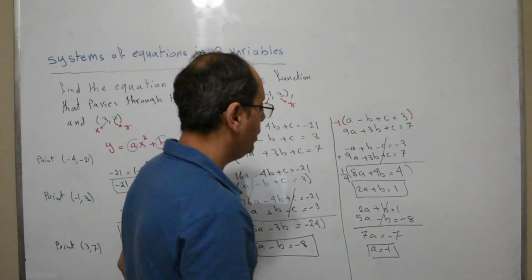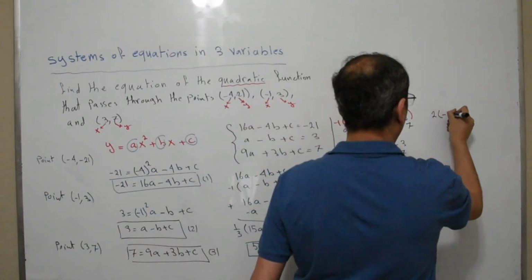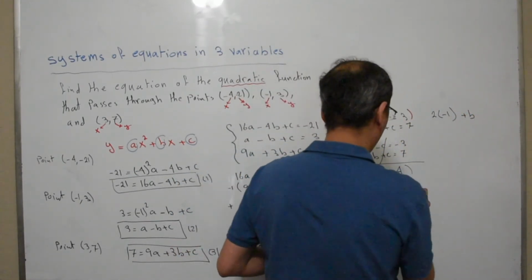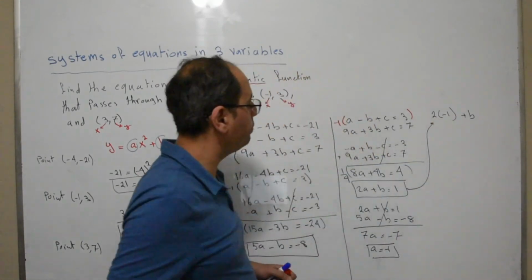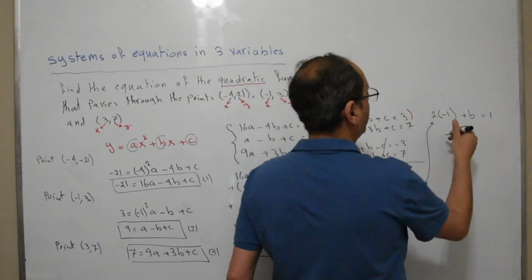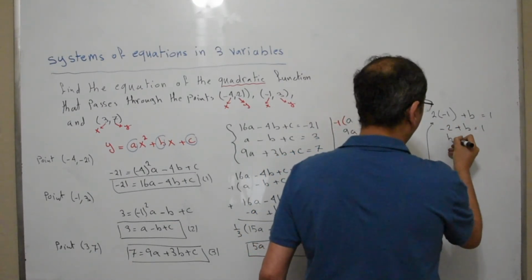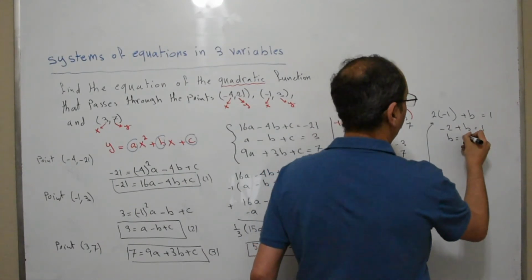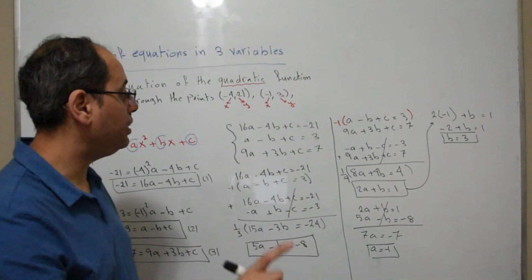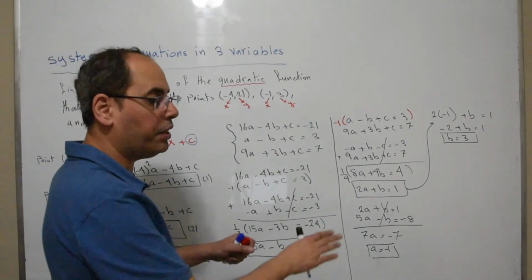Okay, so if a is negative 1, how much is 2a plus b? I want to get b, so here 2 times negative 1, I'm substituting here, plus b is 1. So 2 times negative 1 is negative 2, plus b is 1. So b is, we add 2 to both sides, so b is 3. So I got a and b, I need c. So we choose the easiest equation.